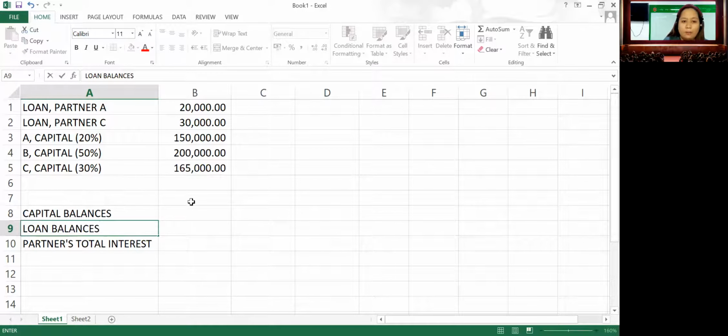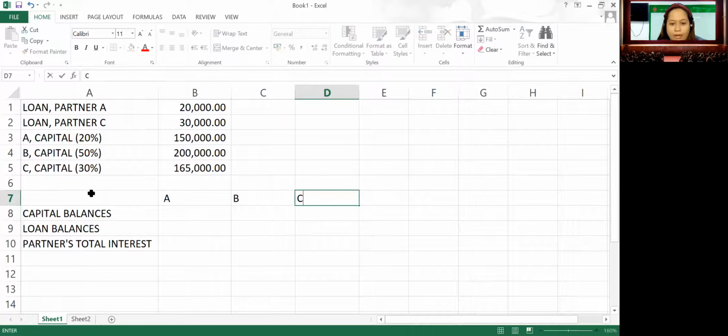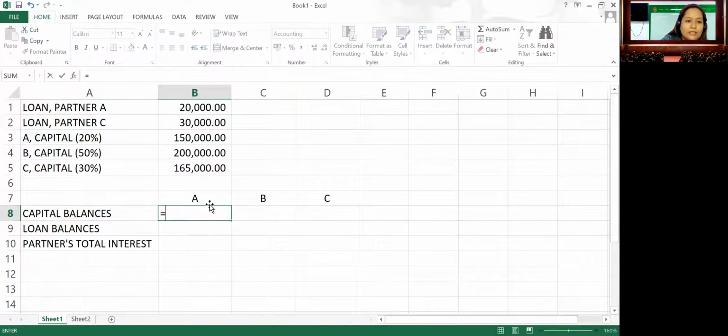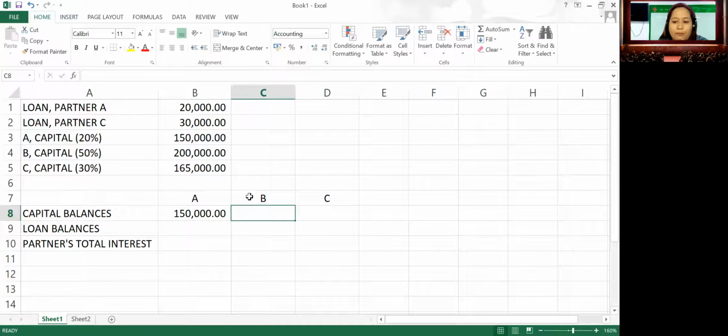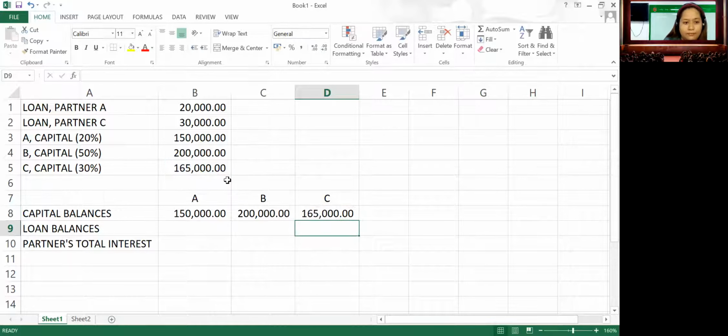So given in our sample here, we have partner A, partner B, and partner C. So for capital balances, for A, we have 150,000. For B, we have 200,000. And for C, we have 165,000.